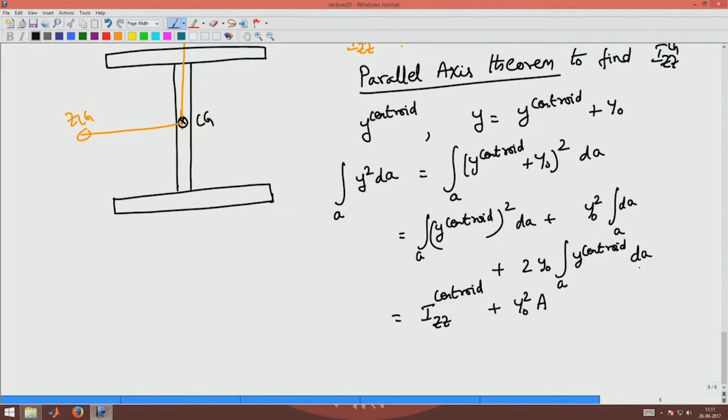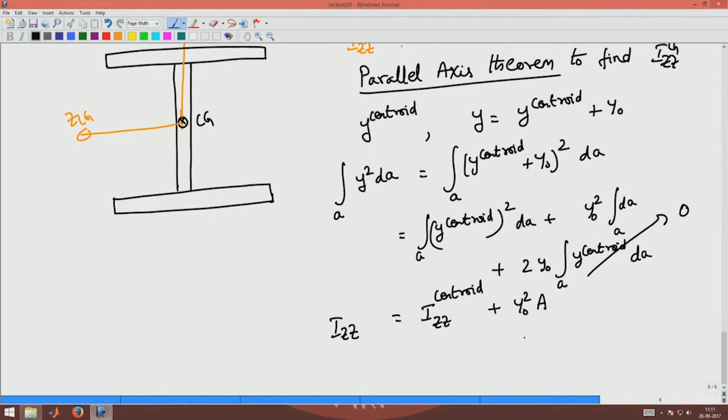Since y centroid is measured about the centroid axis, the last term evaluates to be 0. So, IZZ about some axis is IZZ about the central axis plus A times y naught square.